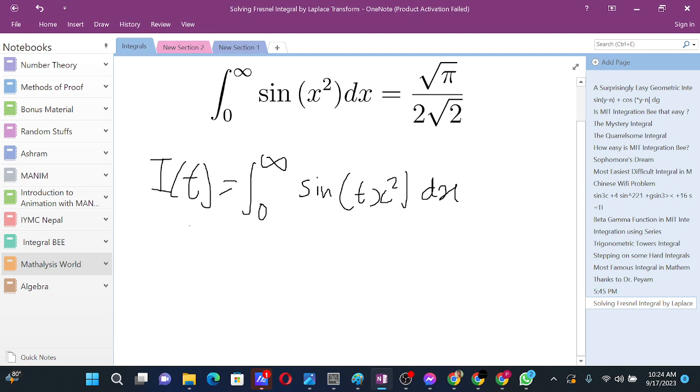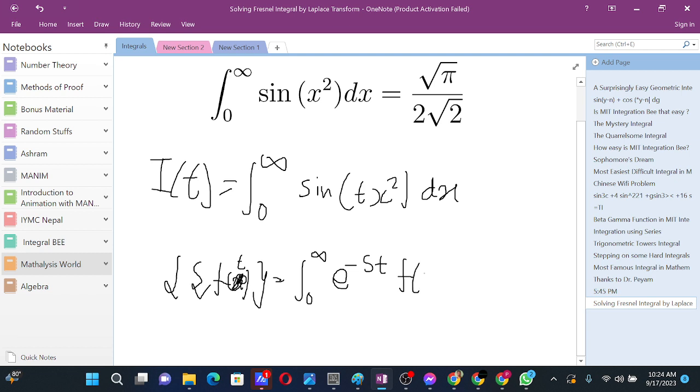For those of you who don't know what the Laplace transform is, the Laplace transform of f of t is just the integral from 0 to infinity, where we introduce e to the power minus st, and then f of t dt.